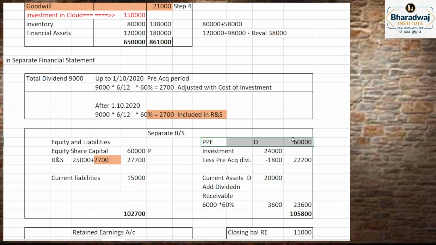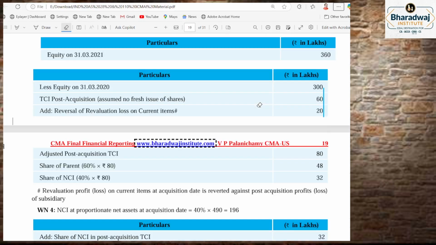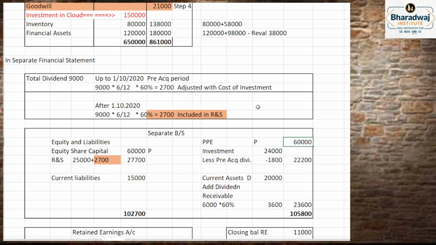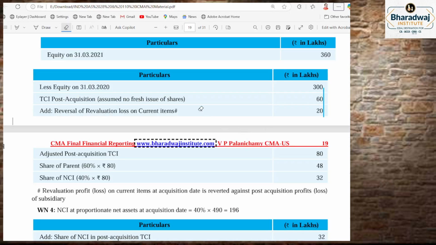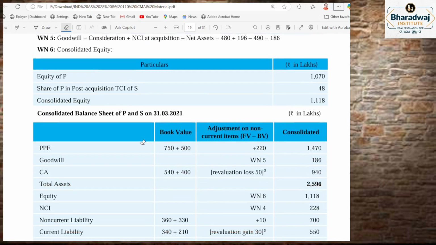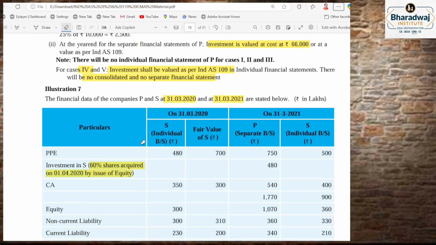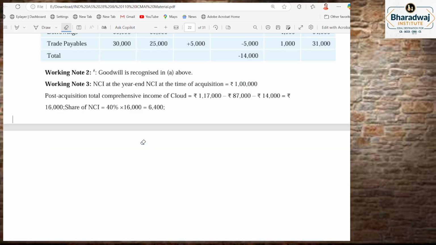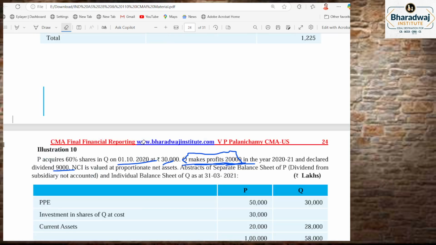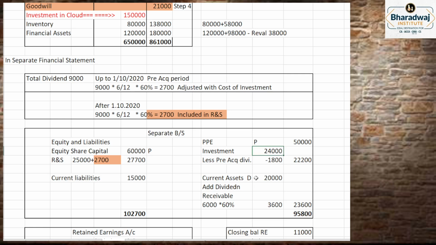Wait. Asset side, PP of P will continue. How much? Investment. What is the investment we have done? How much of investment we have done? 30,000 minus pre-acquisition dividend. How much?